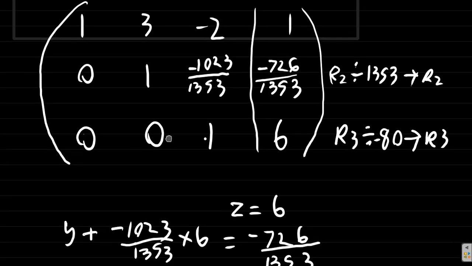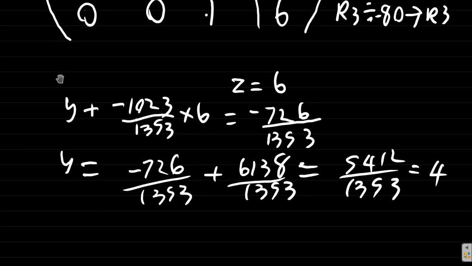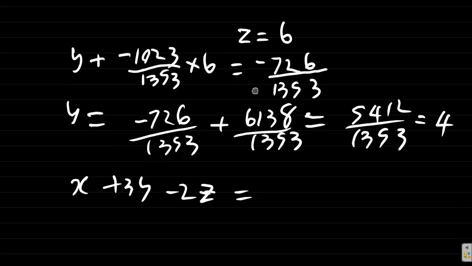And then we want our x. So row 1 has 1x plus 3y minus 2z equal to 1.